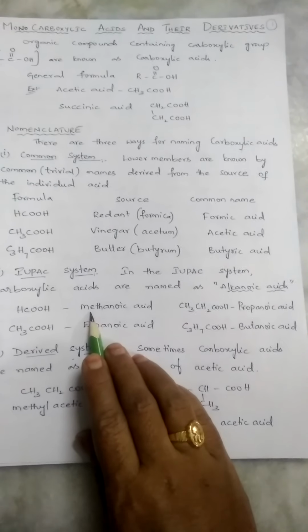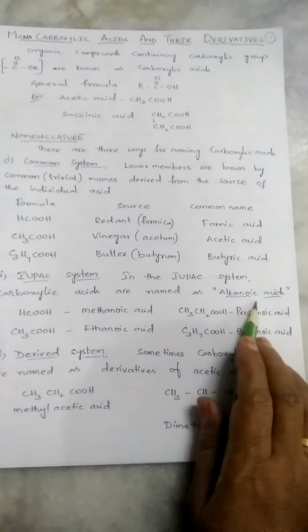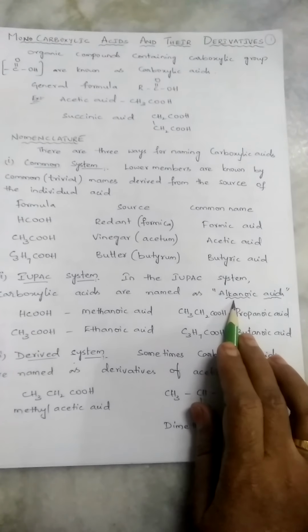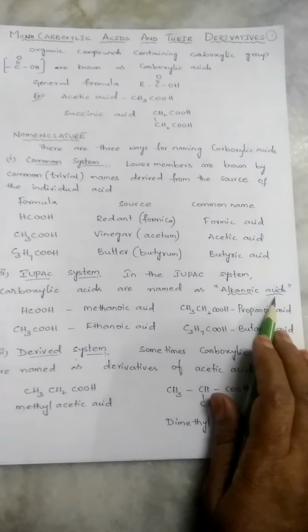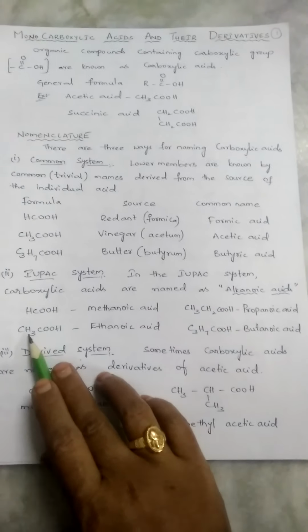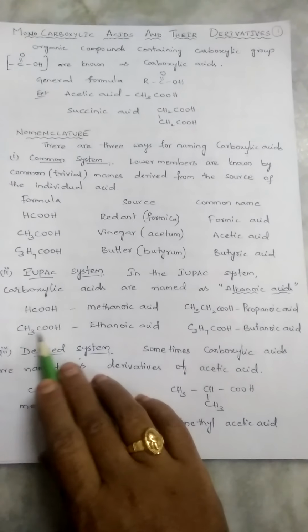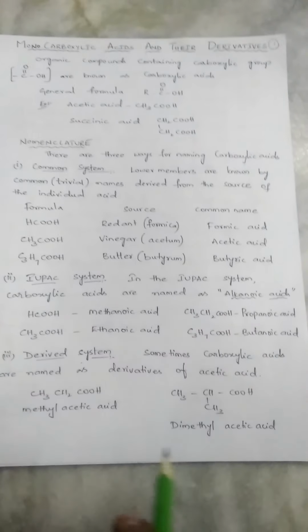And for carboxylic acids, the general ending is oic acid, that is alkanoic acid, depending upon the number of carbons. Because here only one carbon is there, that is methanoic acid. Here there are two carbons, hence this is ethanoic acid. Like this way, these two.